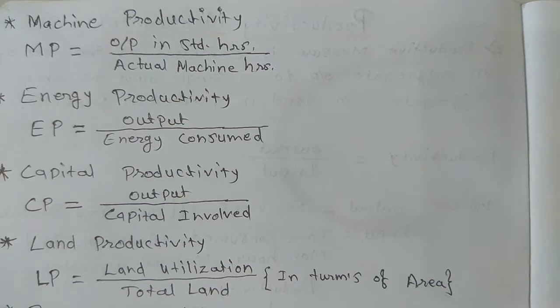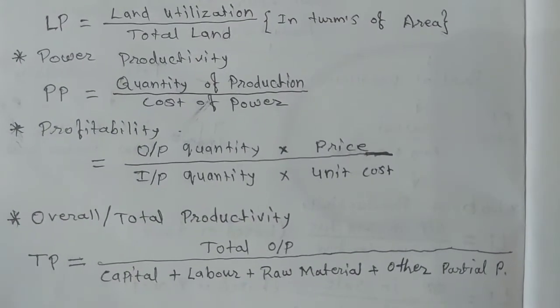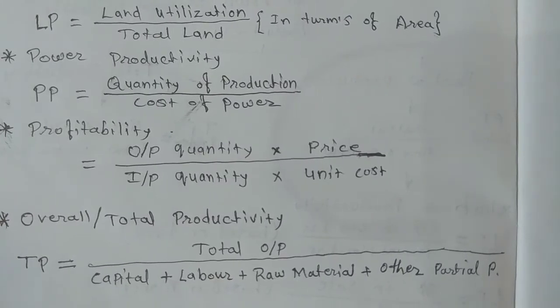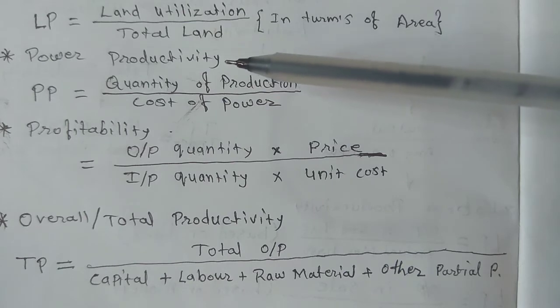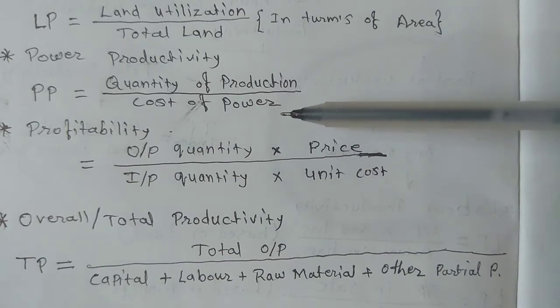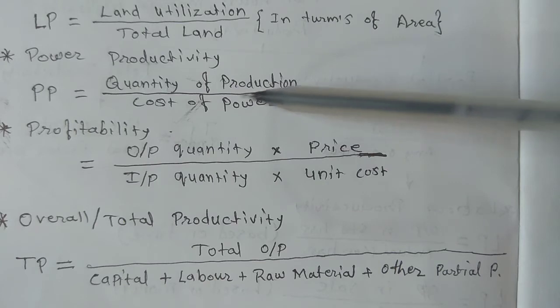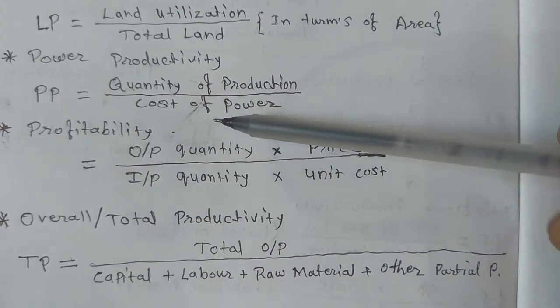Then the next term is power productivity. Power productivity is the ratio of quantity of production divided by cost of the power. During manufacturing, whatever cost of power is utilized, you can give that as the ratio.